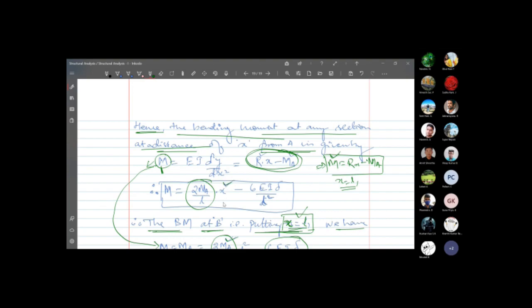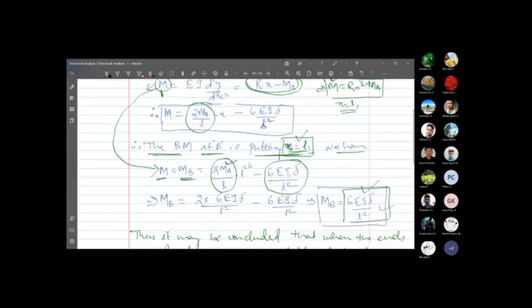I just put a tick mark here. If you were confused by that, I'm extremely sorry. It is not x square. Then there must be 2MA by L into x. Sorry for that confusion. Even I got confused with that one. Thank you so much, dear.